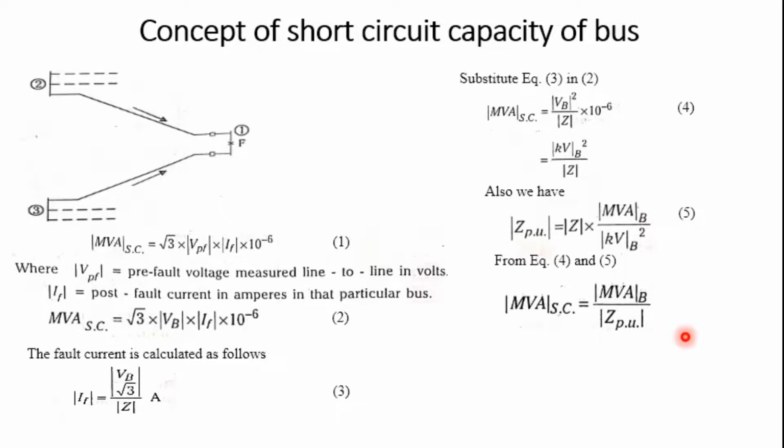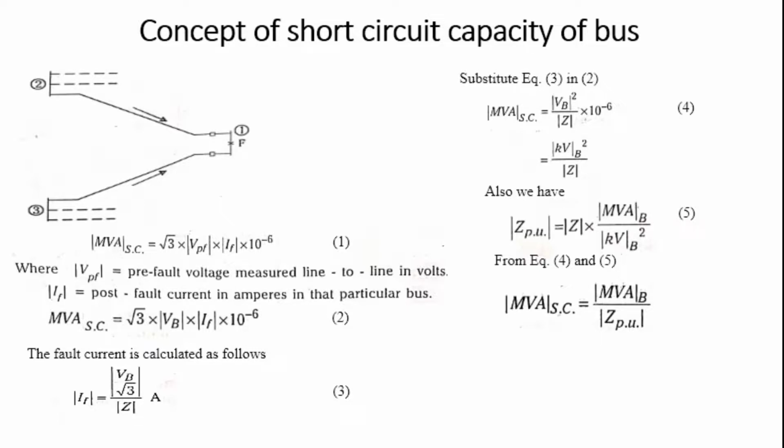Note that MVA base is the total 3-phase MVA and KV base is the line to line voltage. It means that the circuit breaker we are considering should be capable of withstanding the pre-fault voltage and the post-fault current.